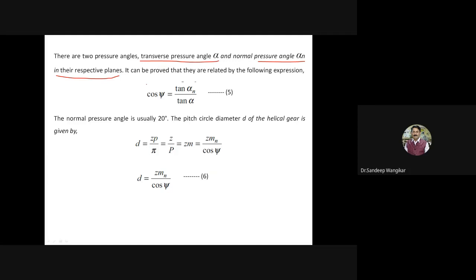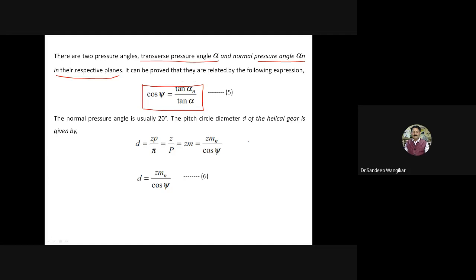It can be proved that cos of psi is equal to tan of alpha n divided by tan alpha, where alpha n stands for the normal pressure angle and alpha stands for the transverse pressure angle. In the numerical, the normal pressure angle and normal module may be given, so keep this in mind.